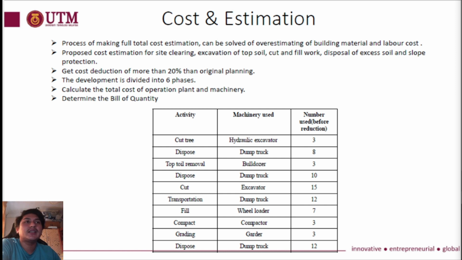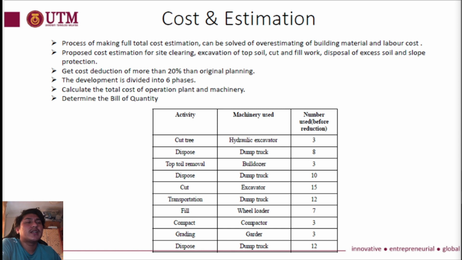Cost and estimating is the process of making the full total cost of estimation, and can solve the overestimating of building material and labor cost. So the purpose of cost and estimating is for site clearing, for excavation of topsoil, cut and fill work, and disposal of excess soil and slope protection.